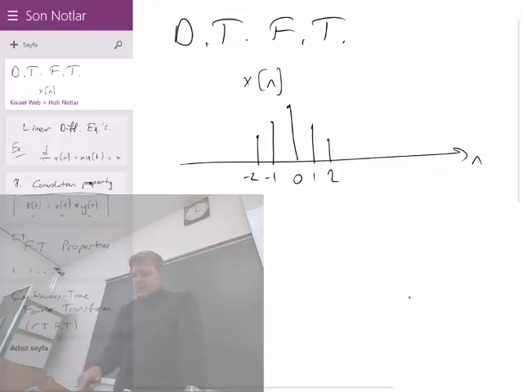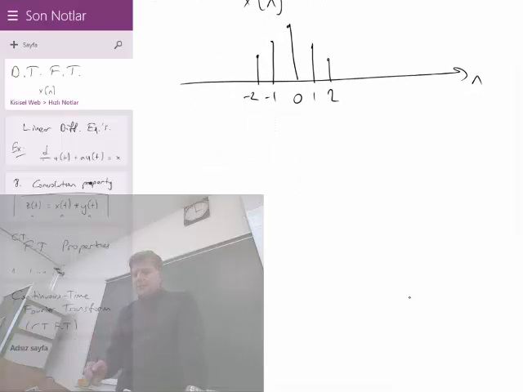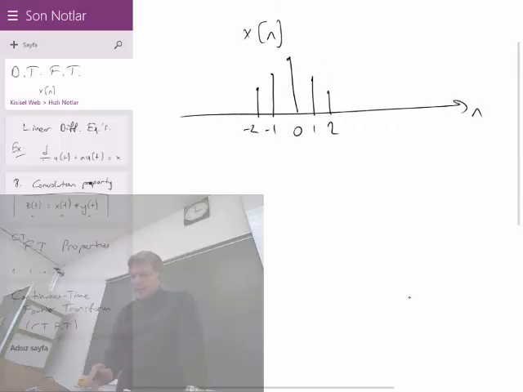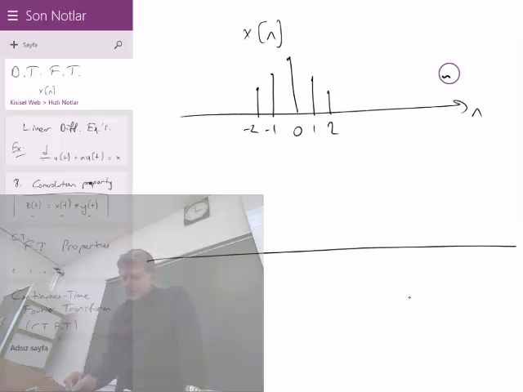Now, the best way to explain this is to extend this signal like this. This is our signal normally from 0, 1, 2, minus 1, minus 2.